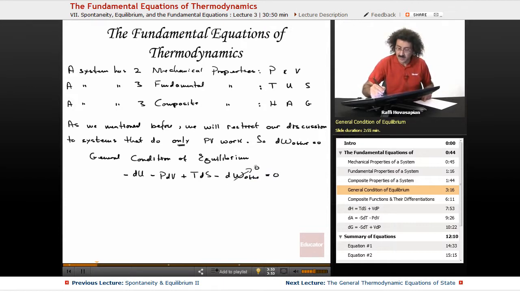And again, this is going to be 0 for us. So we're going to have minus dU minus PdV plus TdS is equal to 0. Let's rearrange this a little bit and express it in terms of energy. So we'll put the dU on the left. It's going to be dU is going to equal TdS minus PdV.